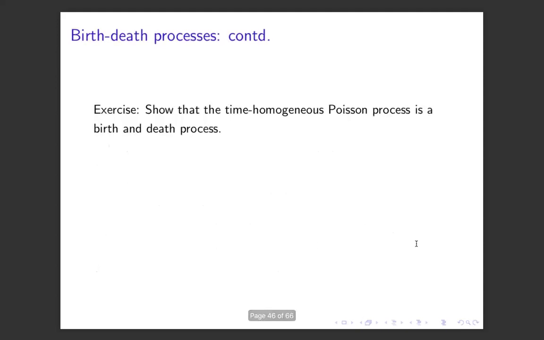Okay, a simple exercise. Show that our good old friend, the time homogeneous Poisson process, is a birth and death process. Of course, clearly, in the Poisson process there is no death.